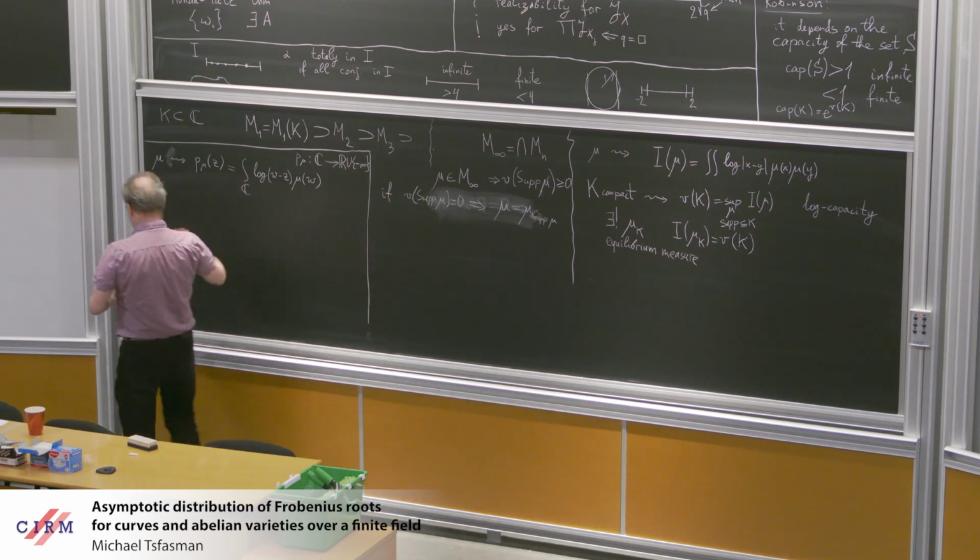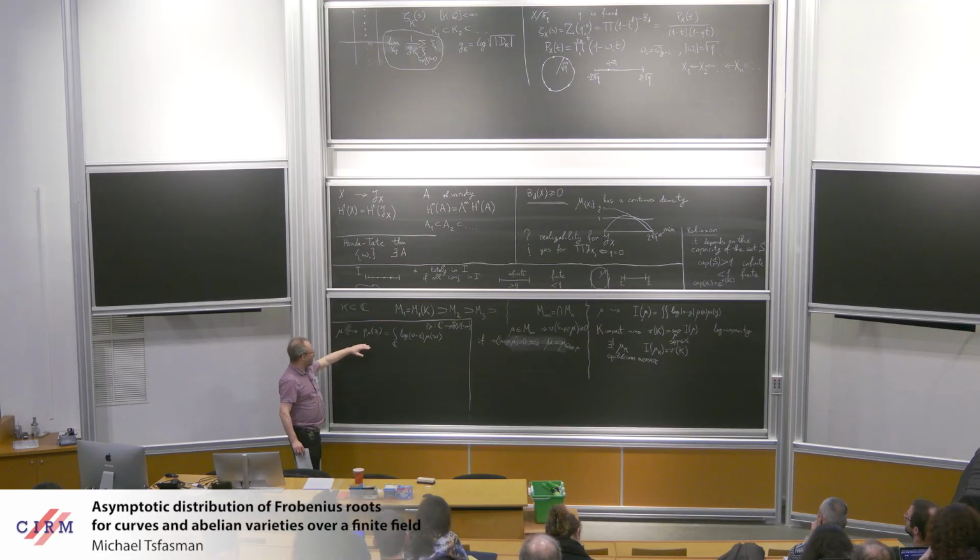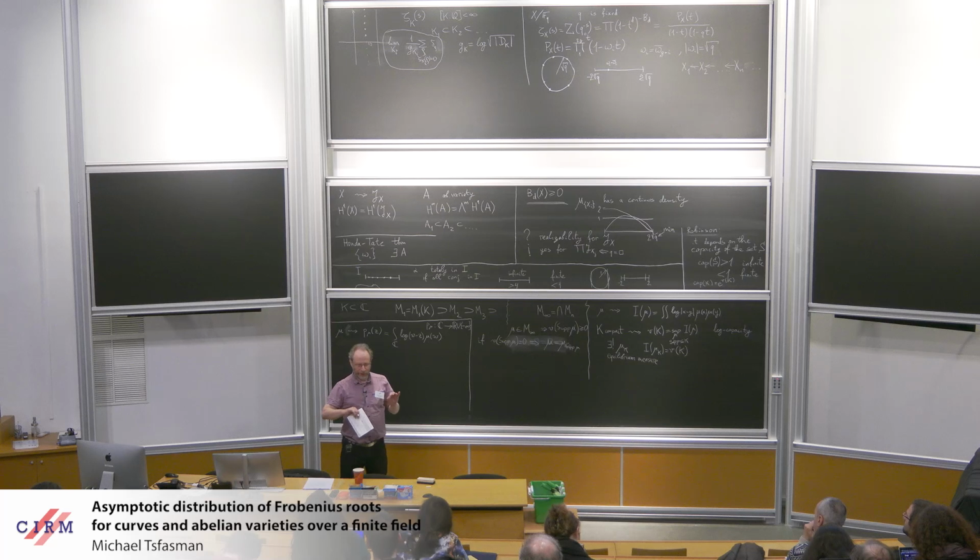So this is the potential, and what we know from harmonic analysis is that it is subharmonic, and it's harmonic outside of the support of mu. So on the support of mu it is somewhat small, and then outside it grows to infinity.